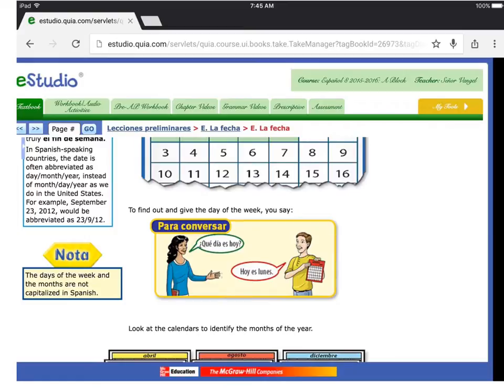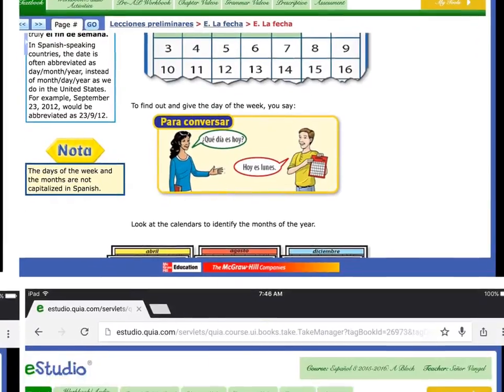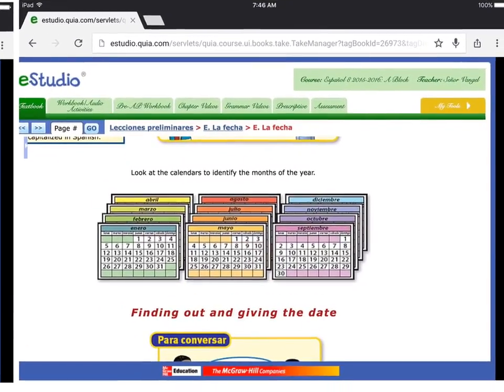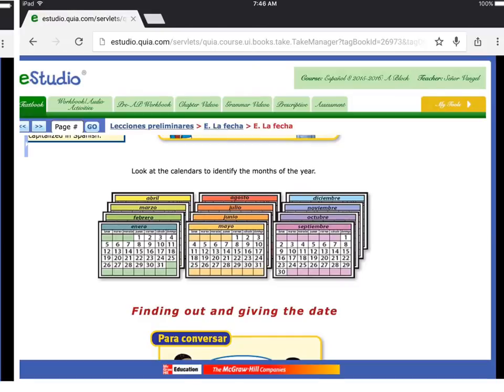Again, those days are lunes, martes, miércoles, jueves, viernes, sábado, and domingo. So you can tell the day, and that's not incorporating the number or the month, which is what we're going to continue now to look at as we go to the next screenshot. And again, these screenshots are just examples of me scrolling down on the ebook.